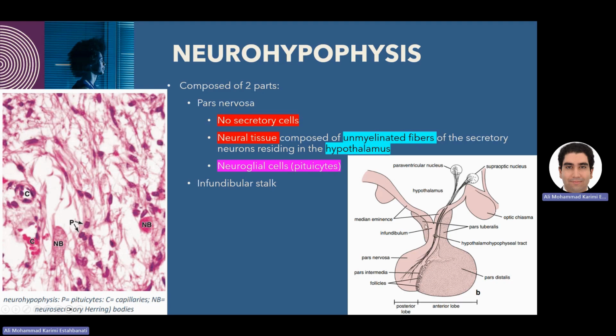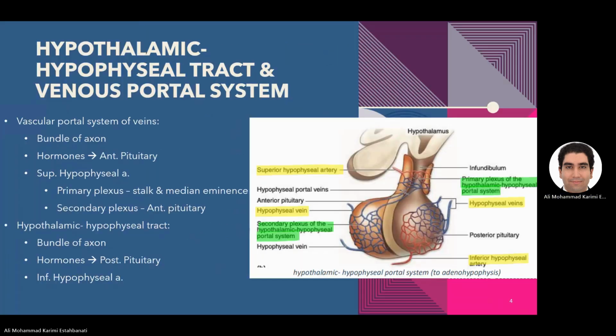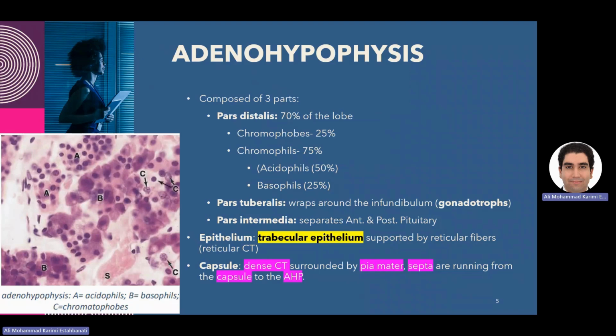Okay? Now, here. Okay. So now, the pars distalis. The pars distalis basically has chromophobes and chromophils. Chromophobes are cells that do not get stained either acidophilic or basophilic, and they're usually not quite active in that area. While the chromophils are very active, they're about 75% of the pars distalis, and they also get divided into acidophilic and basophilic cells.